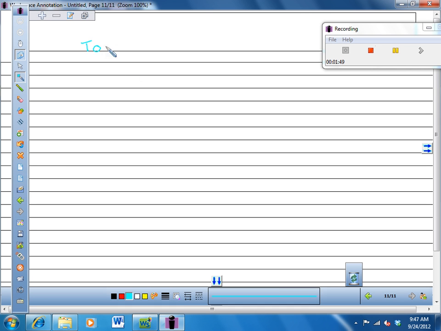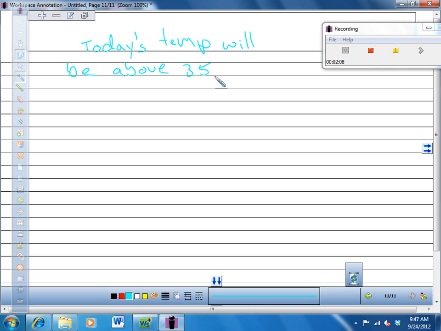Today's temperature will be above 35, but no more than 70 degrees. So it could give me an inequality that could represent that.